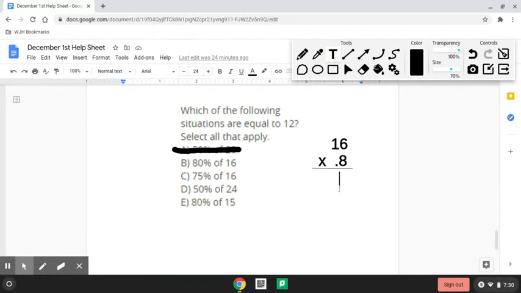So 8 times 16, we're just going to multiply this like normal, and then at the end we worry about the decimal place, which is not too hard, by the way.